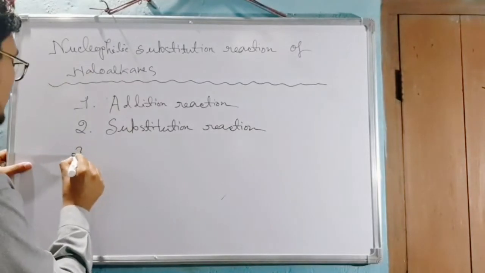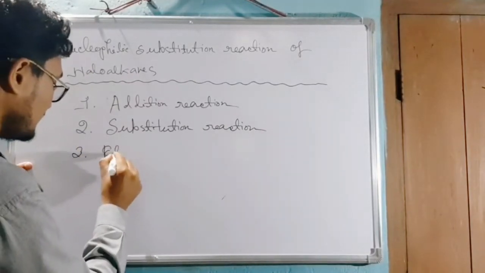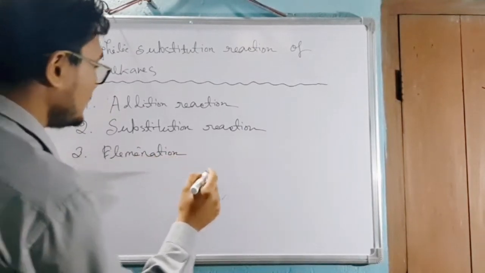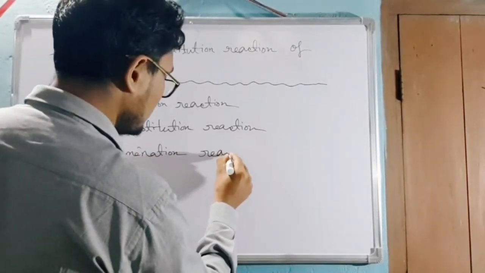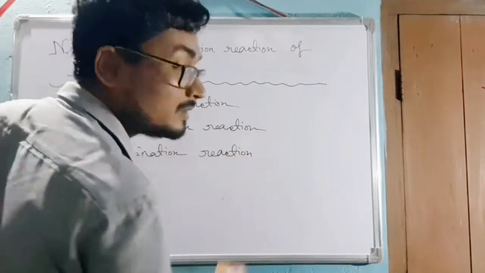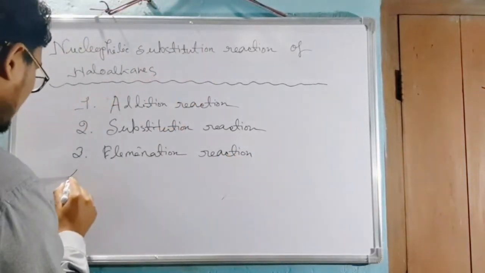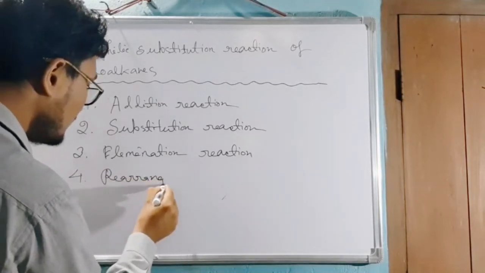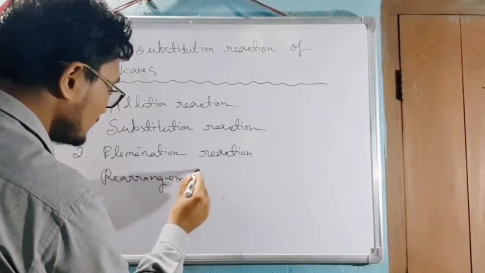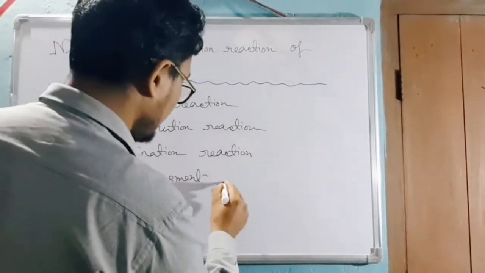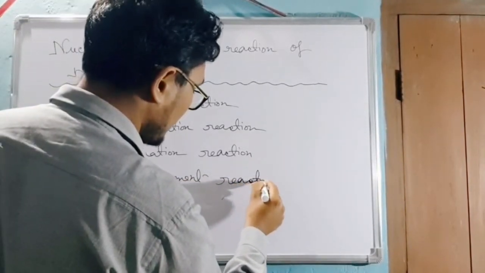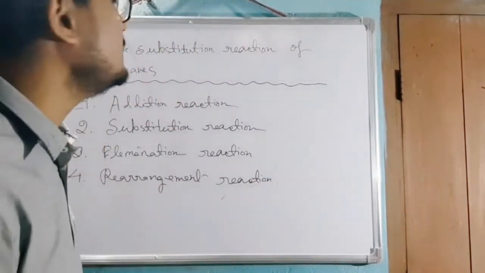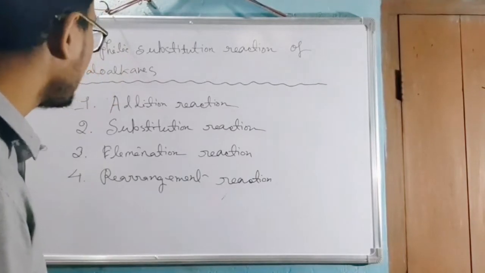Number 3, elimination reaction. Number 4, rearrangement reaction. So these are the types of reaction in organic chemistry.